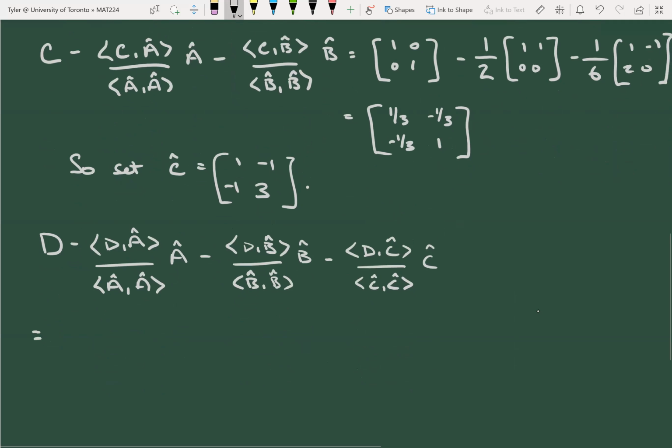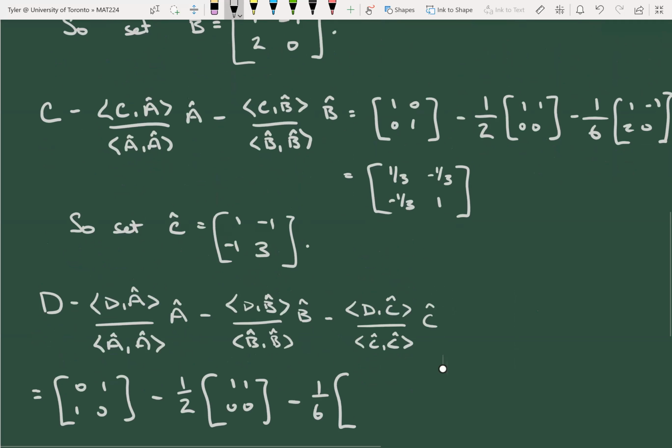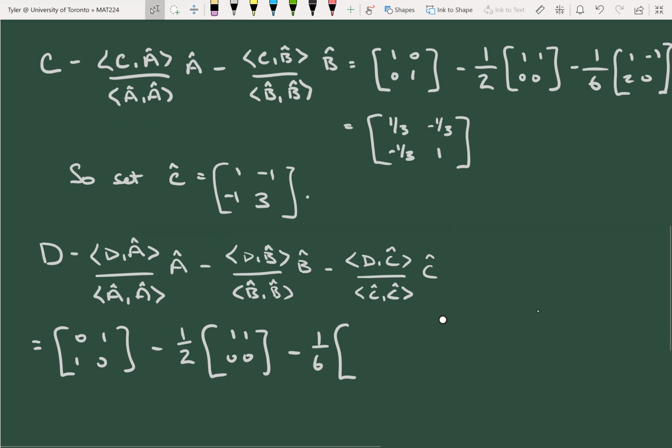Okay, and so if we do this, we're going to get 0, 1, 1, 0. And then this just ended up, again, magically working out to a half. And then magically, again, 1/6 times B. Where was B? 1, negative 1, 2, 0. And then finally, the numbers get a little bit interesting when we get to C here.